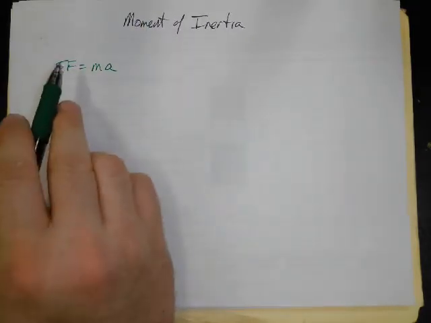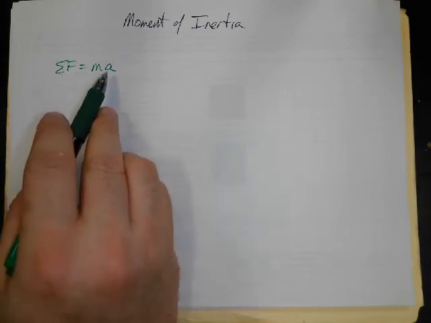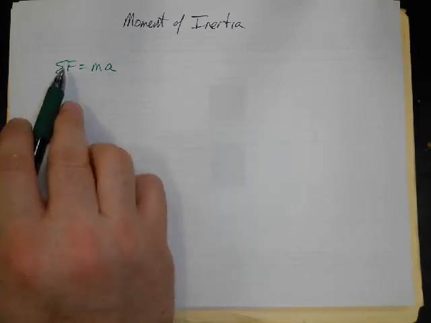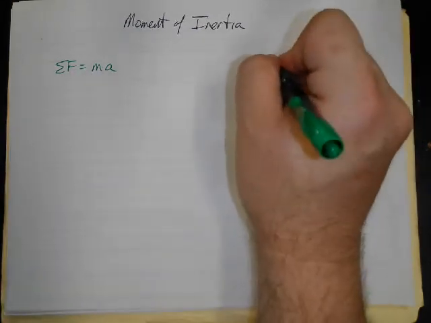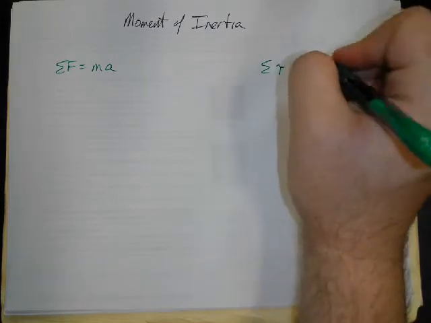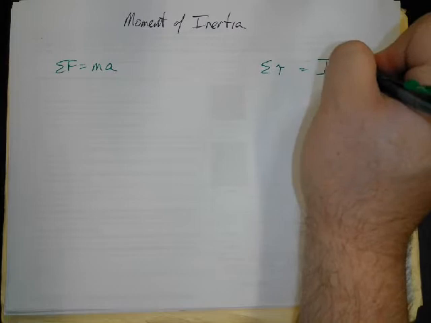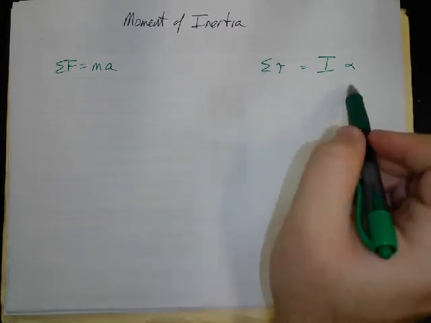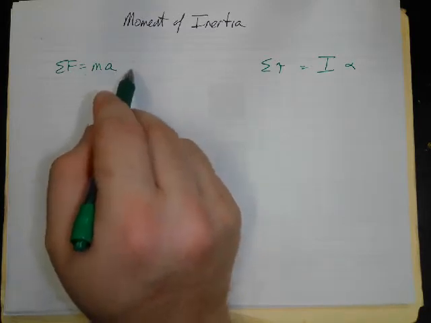There ought to be something analogous for rotation: the sum of the torque is going to look like something, which I'll call I at the moment, times the angular acceleration.